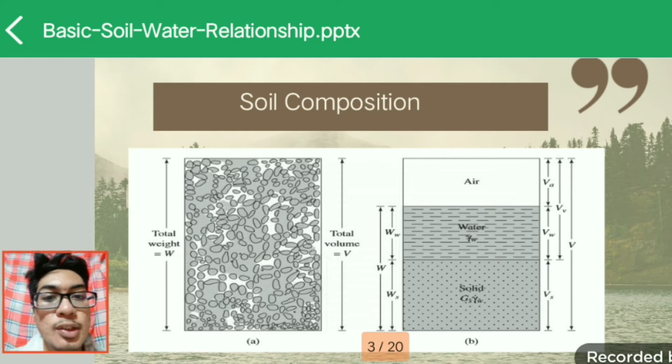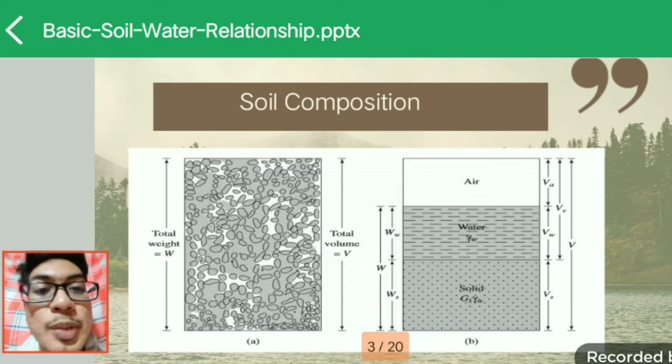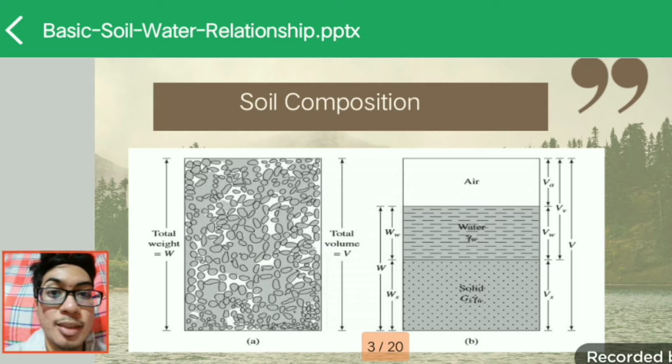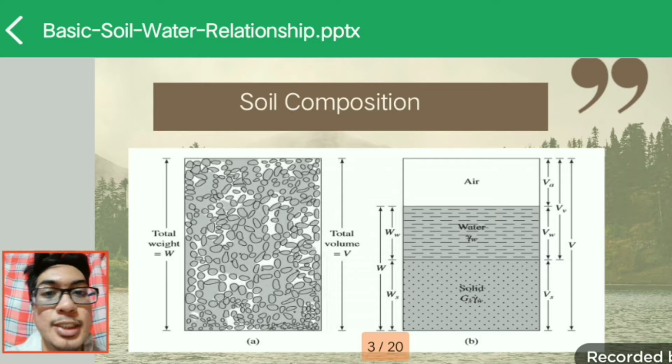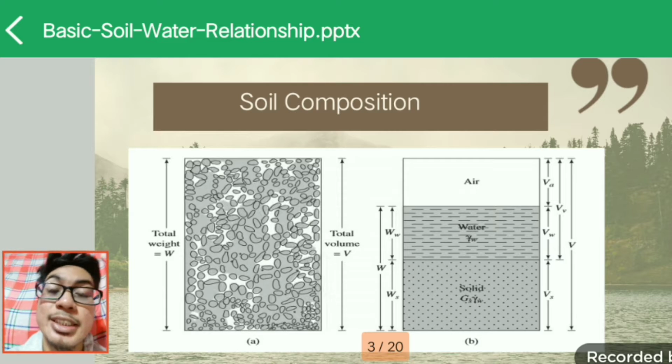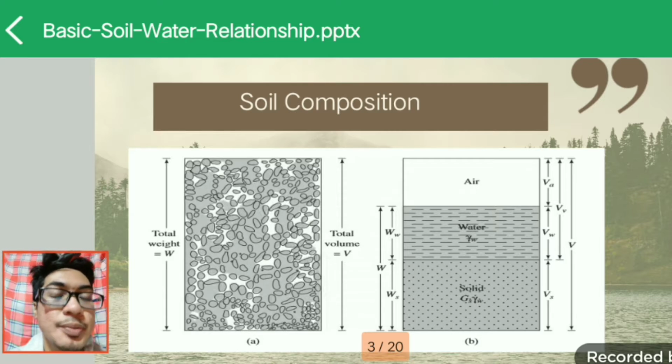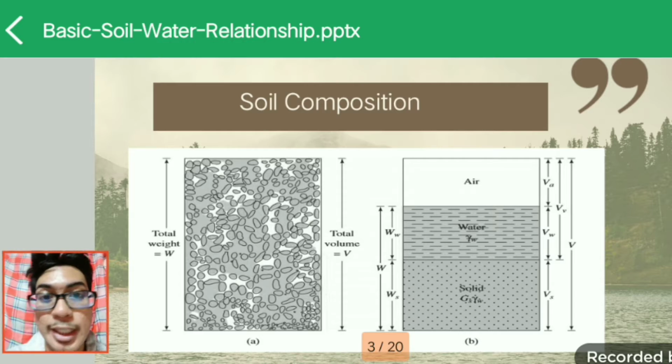Getting to know the fractions of the composition, how many percent of clay is present in the soil sample, how many is loam, how many is silt, will tell you the soil texture.